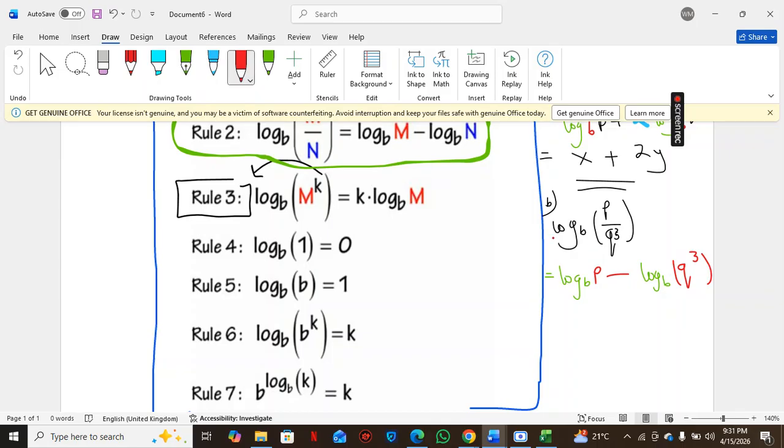Then we're not yet done. Remember, whenever there's an exponent, a power, we apply the power rule, where the exponent goes in front of the logarithm. So this 3 is going to come in front here. So we're going to have now log_b p minus 3 log_b q.